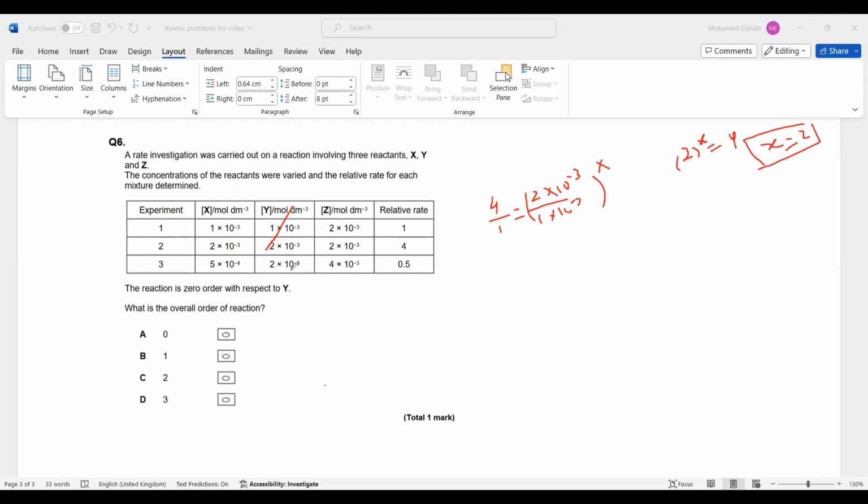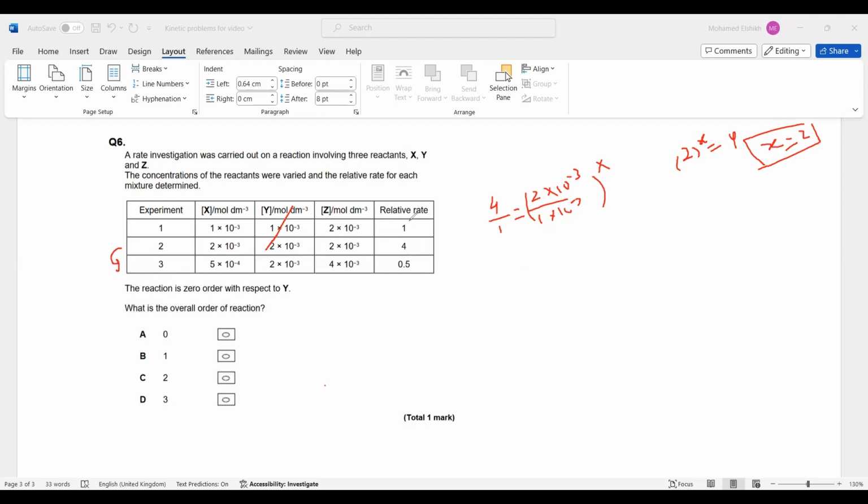So let's say, for example, 2 and 3. In 2 and 3 here, the x is variable. We know the y, we're not bothered about it, and we can use this to figure out the z. Let's see how we can do it.